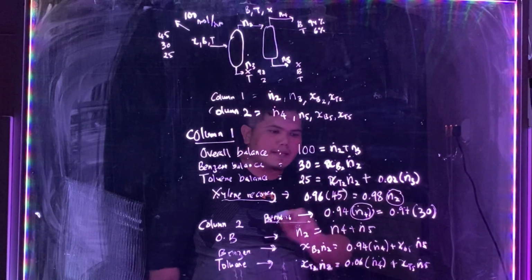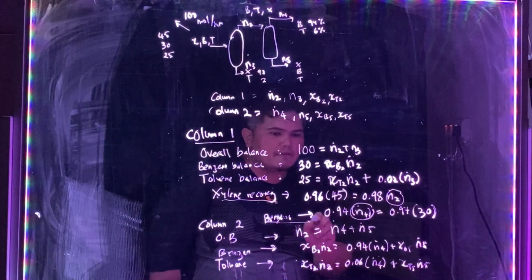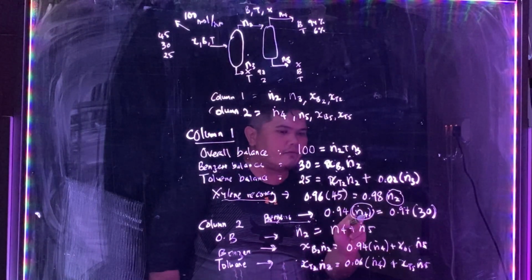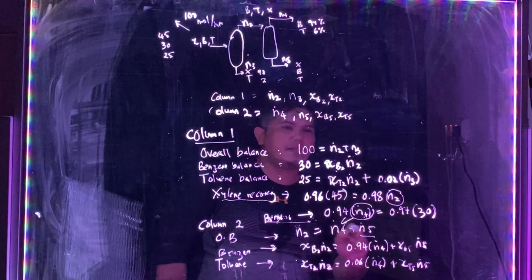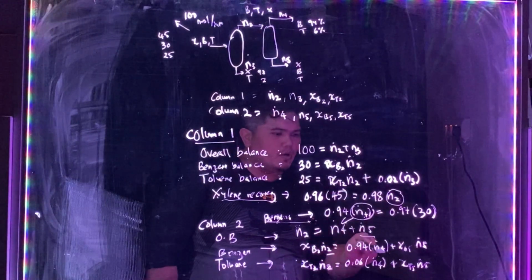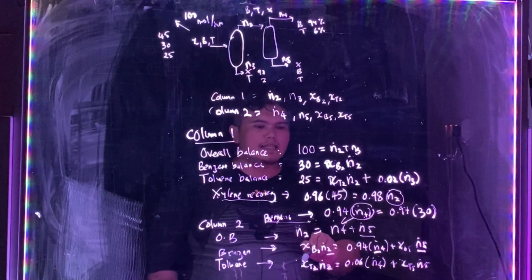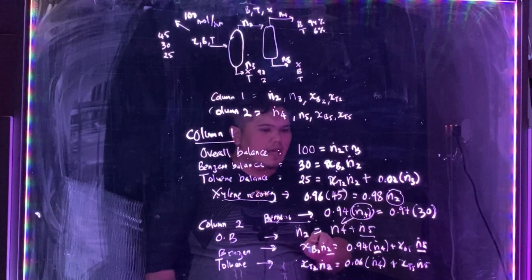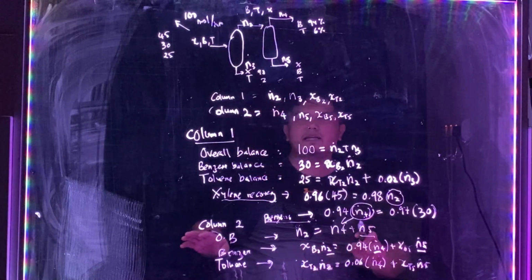At the same time, from the benzene recovery equation you can know N4, so you can substitute in this particular equation and determine your N5. Once you know your N2, N4 and N5, you can determine XB2 and XB5, everything can be solved immediately.